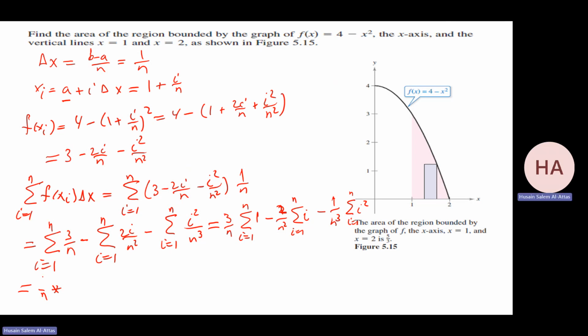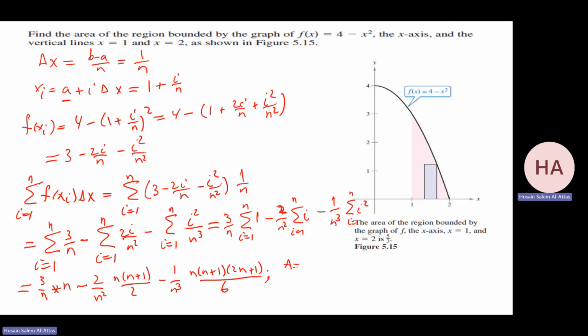It will be n. Yeah, it will be the same. Minus 2 over n squared times the summation of i, n(n plus 1) over 2. Minus 1 over n cubed times n(n plus 1)(2n plus 1) over 6. Okay.